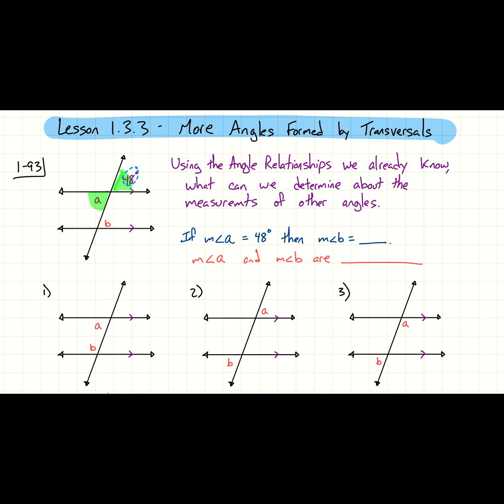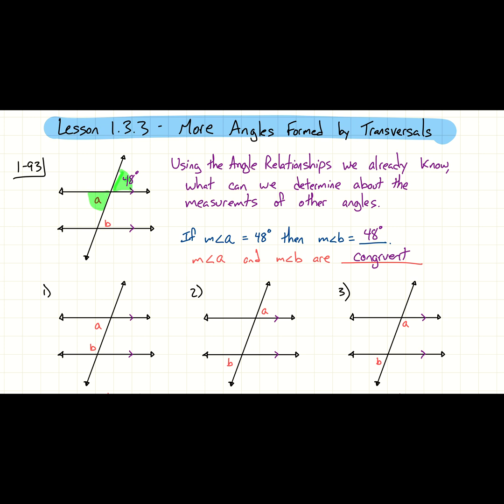If A and 48 are the same, and 48 and B are the same, then these two are the same. So therefore, I would say the measurement of angle B is 48 degrees. And since they are the same measurement, we can say that these angles are congruent. That's how their measurements are related.